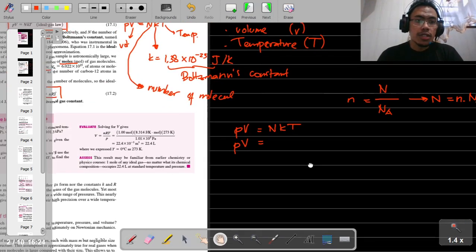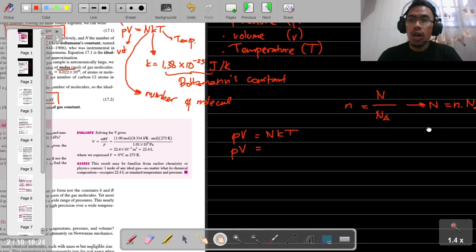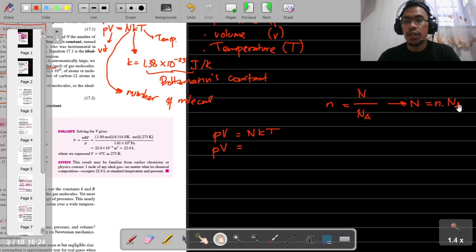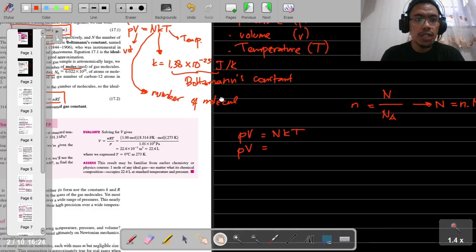So how much is the value of the Avogadro number?